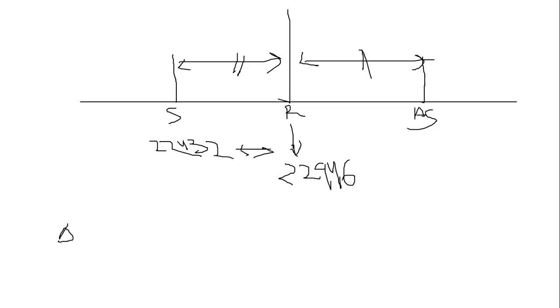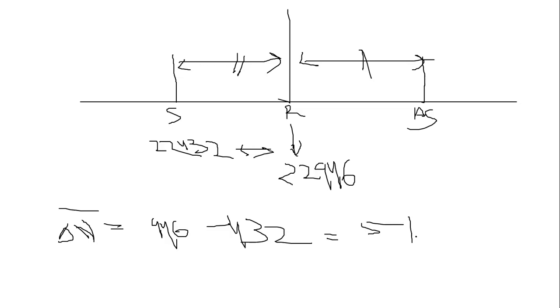The separation, delta mu bar, is 22946 minus 22432, which is 514 centimeter inverse. So between them the separation is 514. So between these two the separation will again be 514.